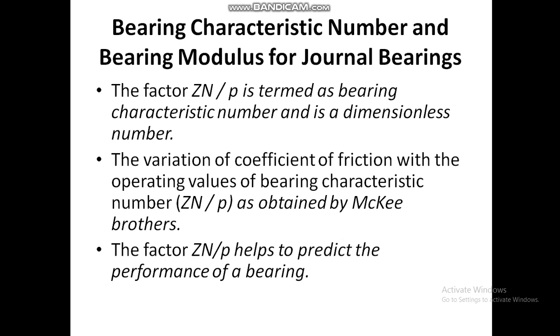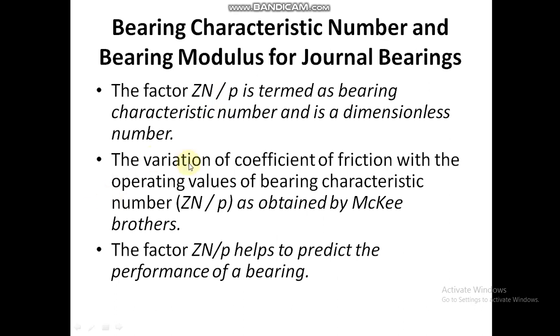Another concept is the bearing characteristic number and bearing modulus for journal bearings. The factor ZN by P, where Z is viscosity, N is RPM, and P is pressure, is termed the bearing characteristic number. It is a dimensionless number.